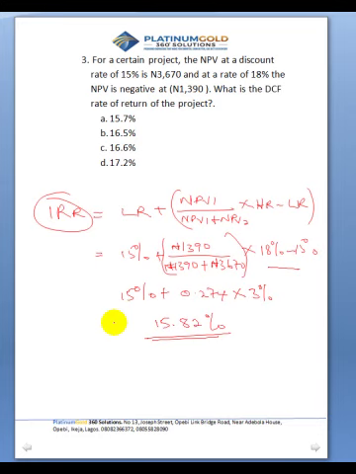Yes, 5060. 1390 divided by 5060 gives me 0.27, times 3 gives me 0.824, plus 15, that should give me 15.82. I wouldn't know, but this should be the nearest to the answer there. But this is the formula and how I've applied it, the IRR rule that looks very complex. Once you have all this information, you should be able to do it.